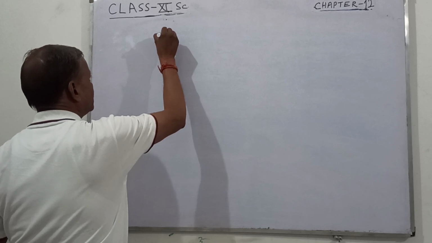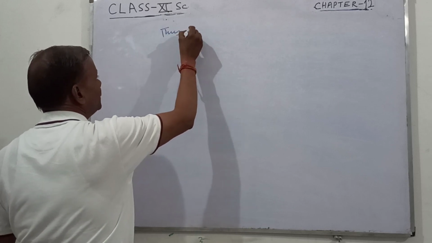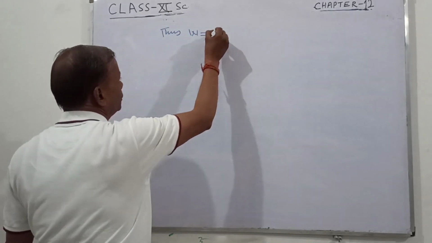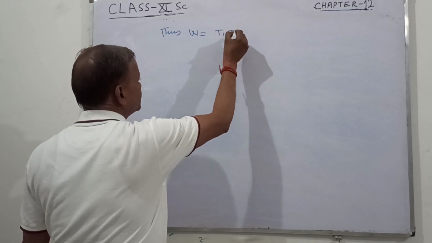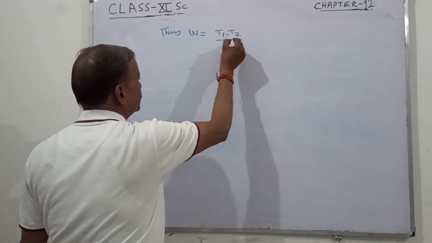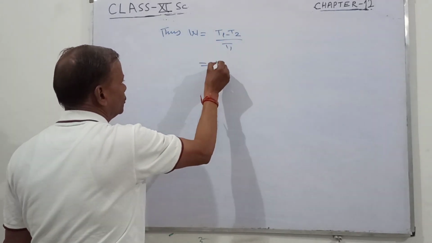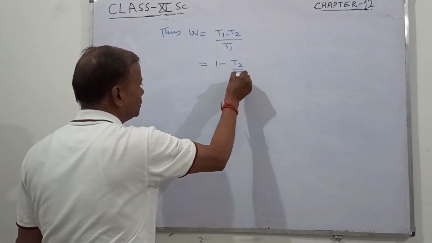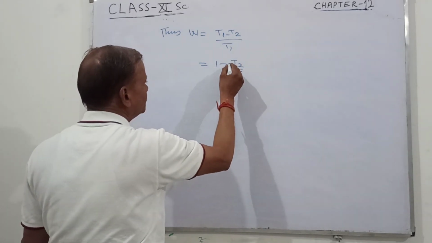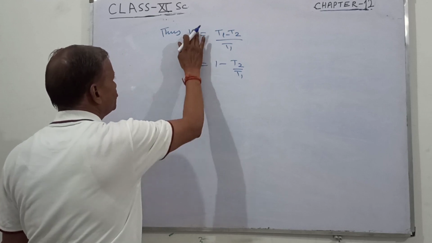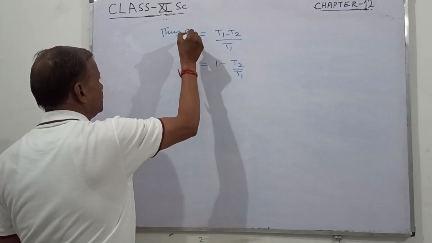Thus, eta equal to T1 minus T2 upon T1, or 1 minus T2 upon T1.